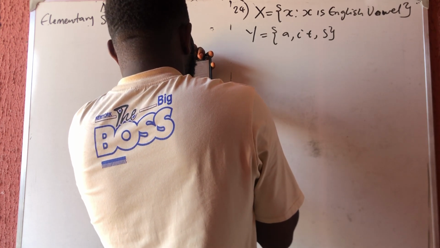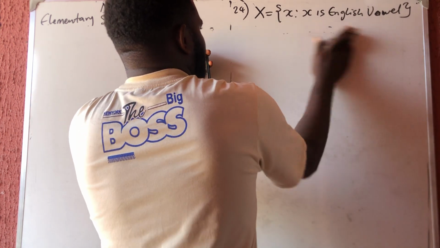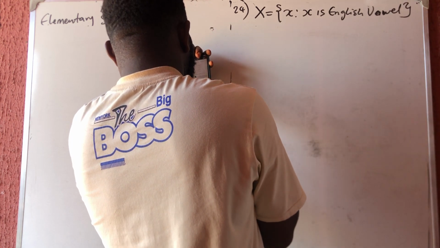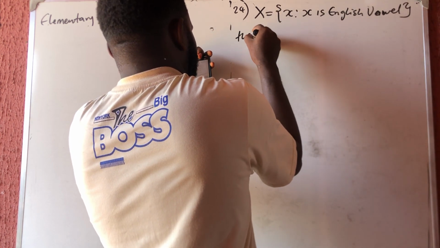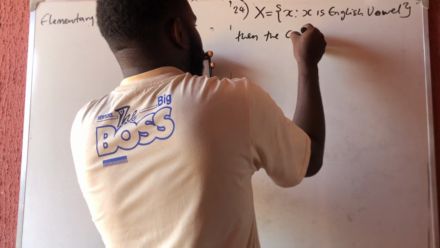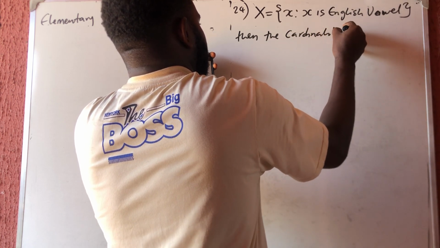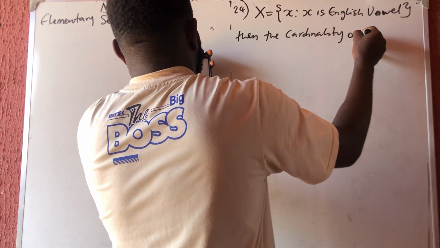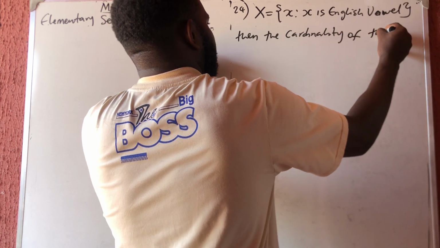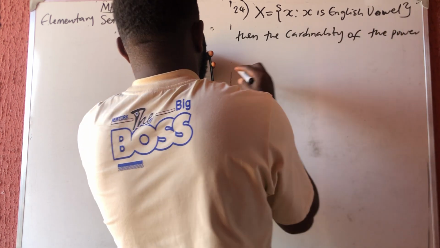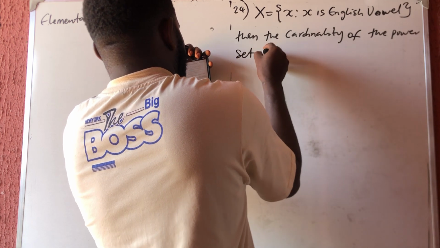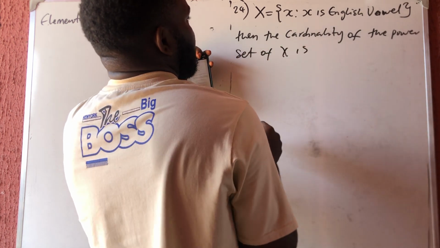They now say then the cardinality of the power set of x is dash.